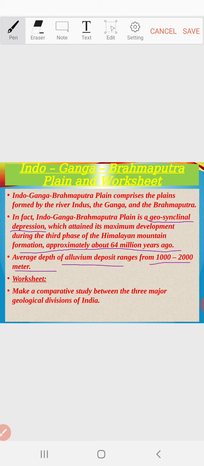Altogether we term it the geological cycle. In this way our country got its evolution with its three important geological divisions.